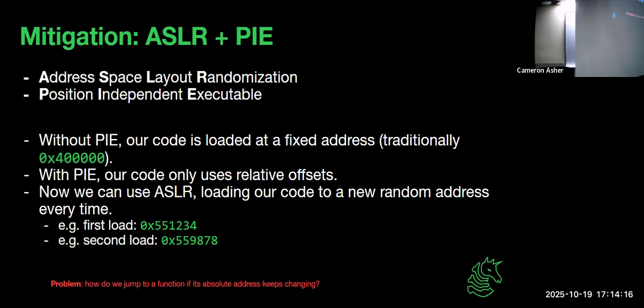So for instance, maybe your program is normally located at this address. That's the base address of your program. But with ASLR, it just becomes randomized. So it could be something completely different. And all of your addresses in your program are calculated at an offset from this address.